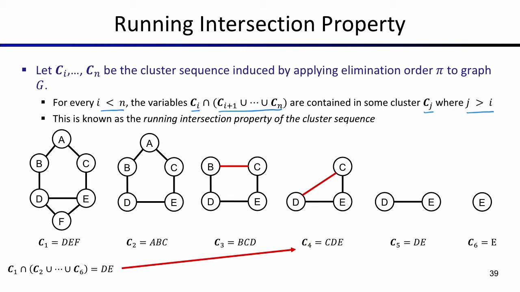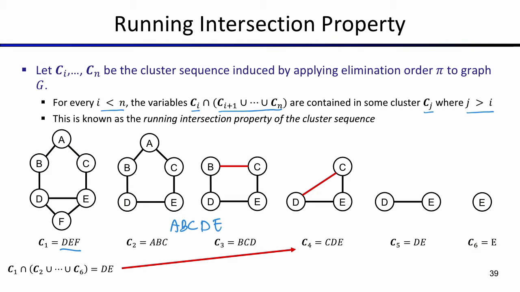It's basically saying that if we take these three variables here that appear in the first cluster, and we take the union of all the variables that appear after the first cluster, and make an intersection between these two sets, we see that after the first cluster appear the variables a, b, c, also d and e, and that's all the variables that appear.